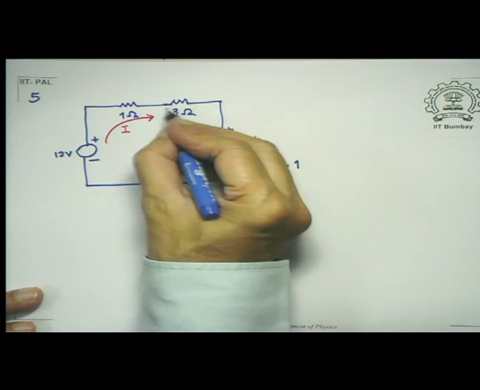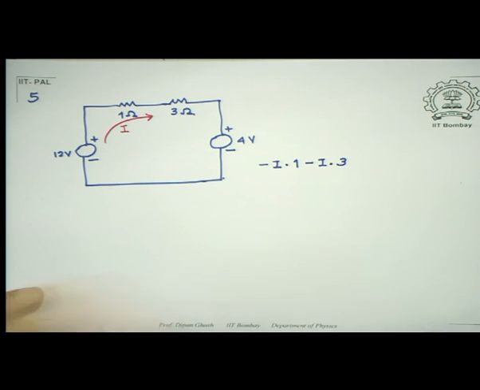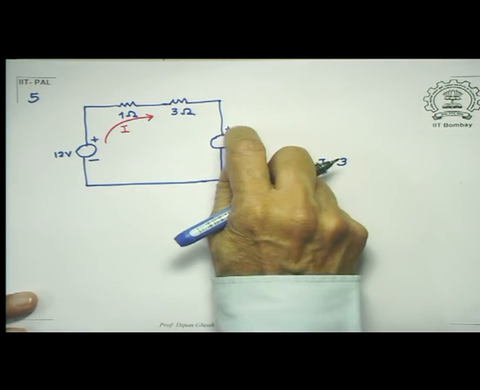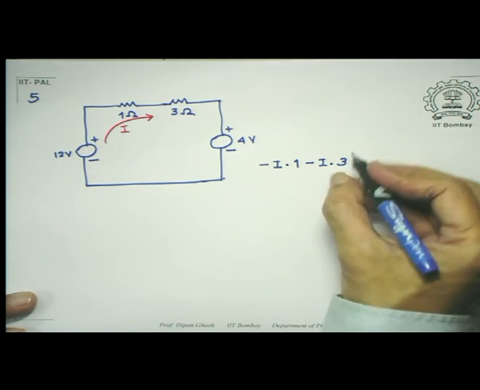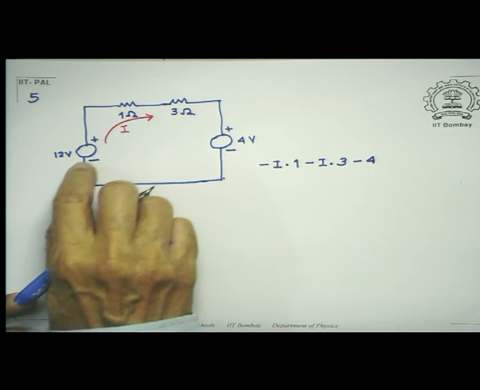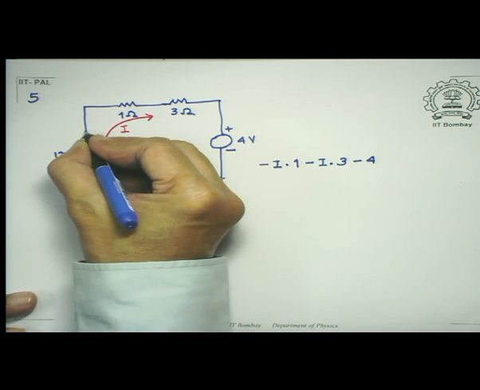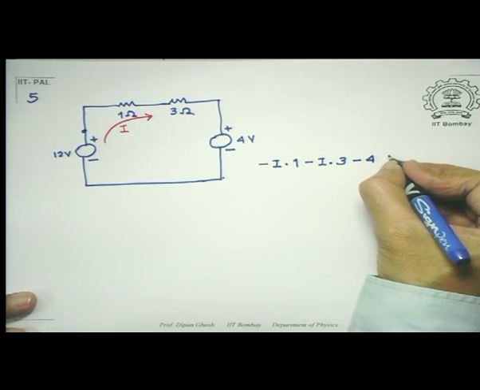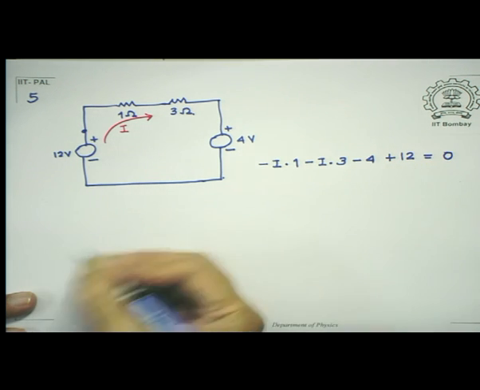Once again there is a drop here, so minus I into 3. This is going from positive terminal to the negative terminal, one more drop, so therefore minus 4. And here I go from negative terminal to the positive terminal before I come back to this point, so therefore there is a plus 12 there, and that must be equal to 0.